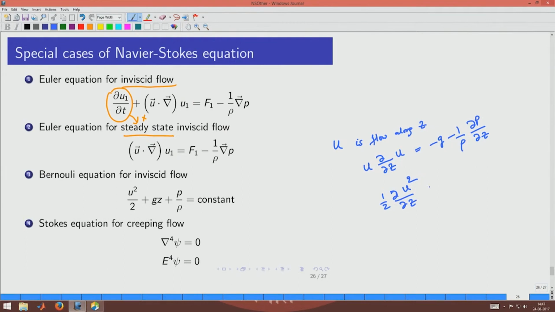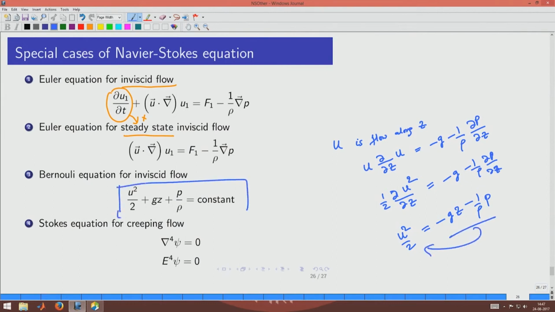Therefore, you can also write the rest of it, and you now see that when you integrate you get u square by 2 is equal to minus gz minus 1 by rho p. So, you take these two terms to the left hand side, and the integration constant has to be kept, which comes on the right hand side. On the left hand side you have u square by 2 plus gz plus p by rho.